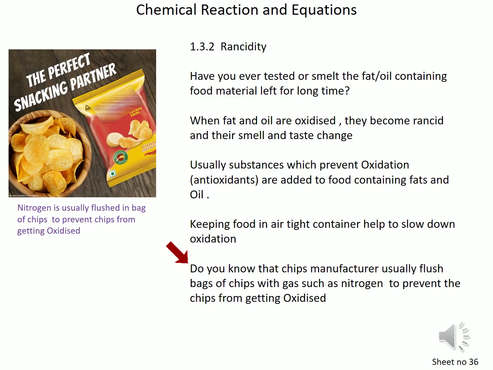Since it will try to prevent oxidation, the life of the food will be longer. So what exactly is done in the case of wafers? We are flushing nitrogen when we pack wafers, so that the life of the wafers in the packet will be more. This is the scientific reason why we are doing so.